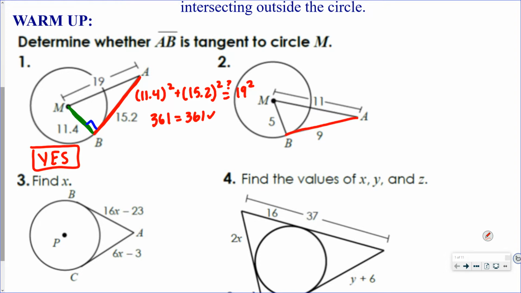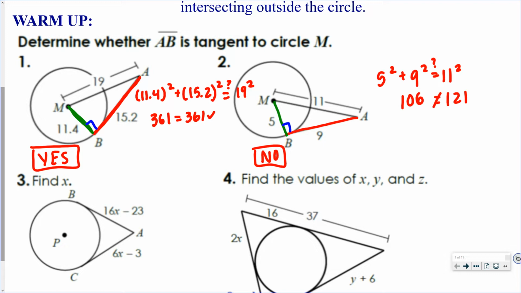Does that form a right angle with this radius length of 5? What do we think for that one? Yes or no? No. That one you should have gotten no. Pythag did not hold. 5 squared plus 9 squared is not the same as 11 squared. That's 106. Okay, so that's how you can check if the line is tangent. Forms right angle. Remember that?